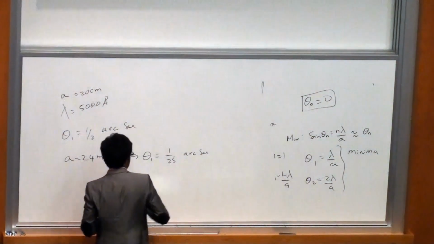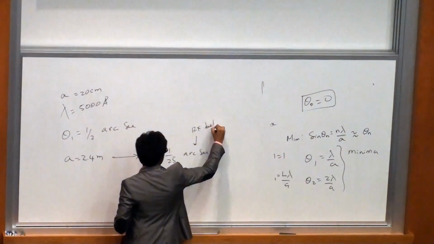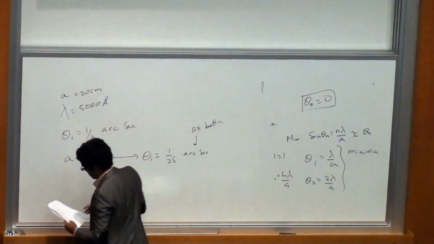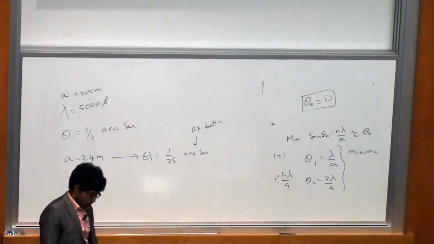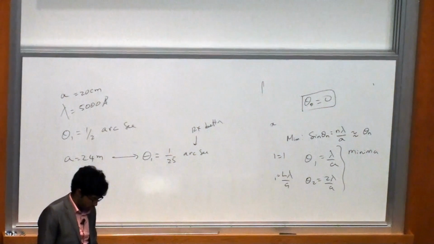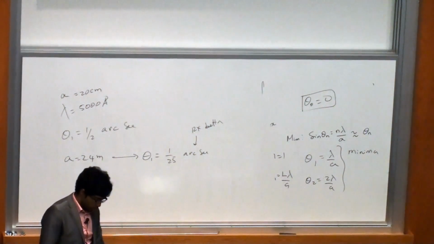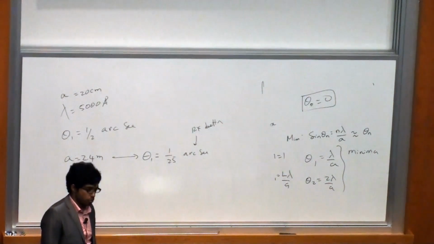So this is about 12 times better than this one, because a is about 12 times larger, so I get 12 times better resolution. So the larger you make your telescope, the better the angular resolution will be.